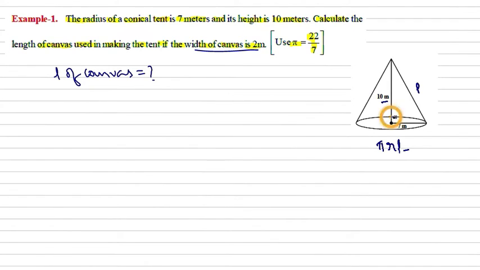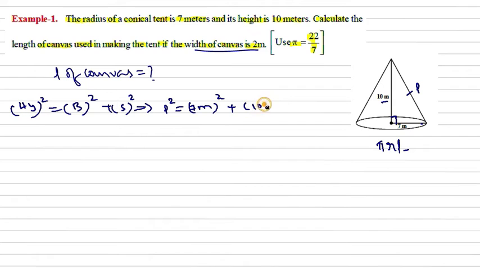So now you can take it as a right angle triangle. In this right angle triangle, this L becomes the hypotenuse, this 7 becomes the base and this becomes the height. So by the Pythagoras theorem, hypotenuse square is equal to base square plus height square. The hypotenuse is the slant height, so L square is equal to 7 meters square plus 10 meters square, which is L square equal to 49 m square plus 100 m square, which is equal to 149.